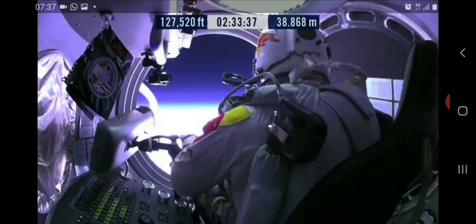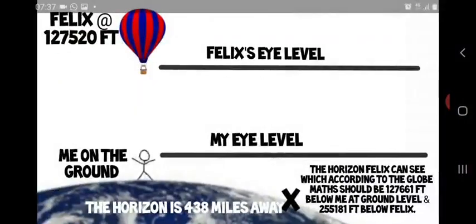And what does the globe math tell us that horizon should be in relation to Felix's position or altitude? Well, according to the globe math, that horizon which Felix is seeing should be 255,181 feet below Felix, or the camera's eye level.